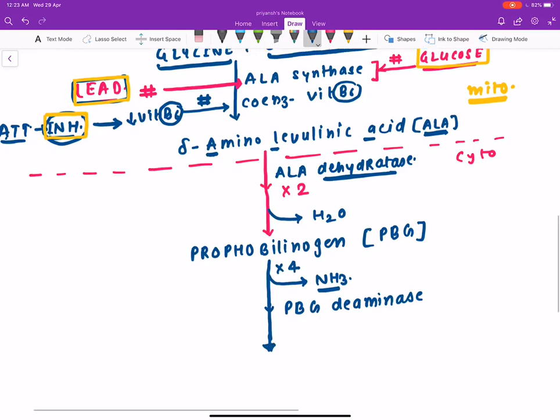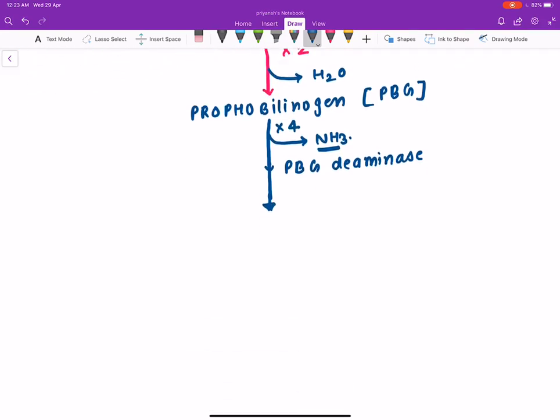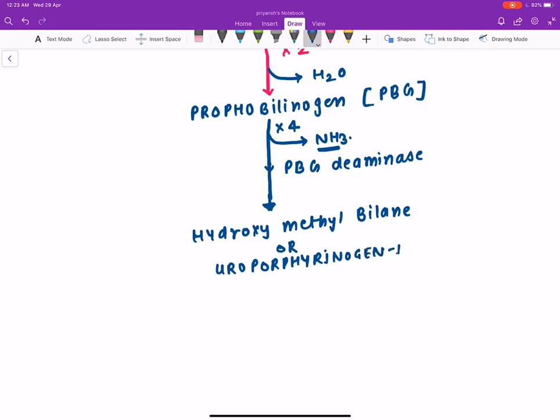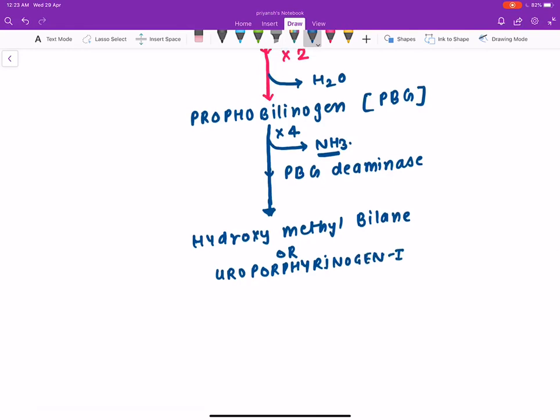When you take out the ammonia from porphobilinogen, the molecule that we are going to get is called hydroxymethylbilane. This hydroxymethylbilane is also called uroporphyrinogen 1. The enzyme I have told you is PBG deaminase, because we are taking out the ammonia from the porphobilinogen.